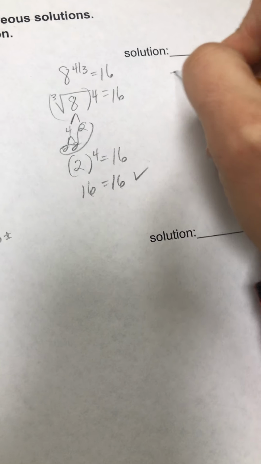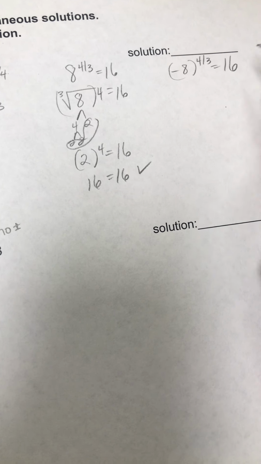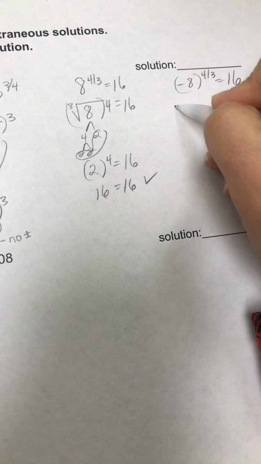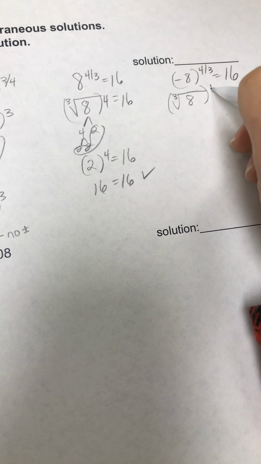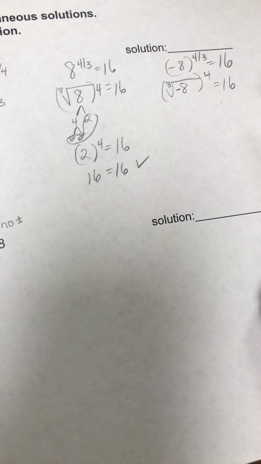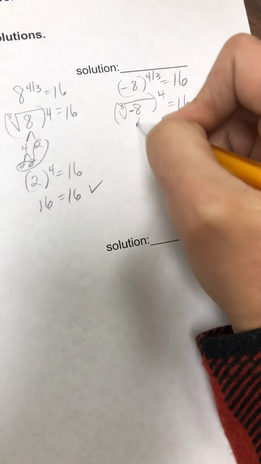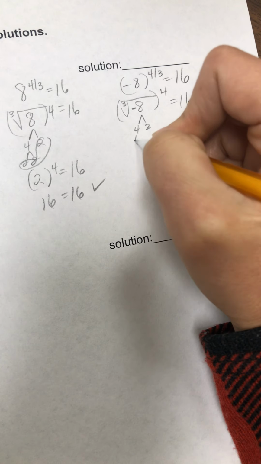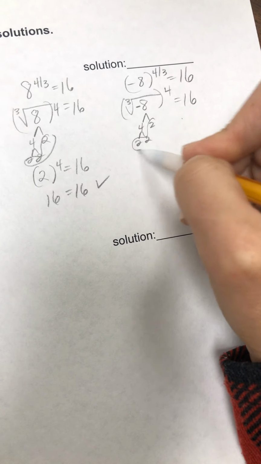So you would have negative 8 to the 4/3 equals 16. Now here you're going to have the same thing. For 8, you'd have 4 and 2 and 2 and 2, which gets you a group of 2s.